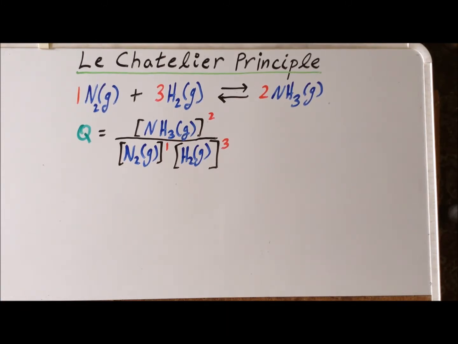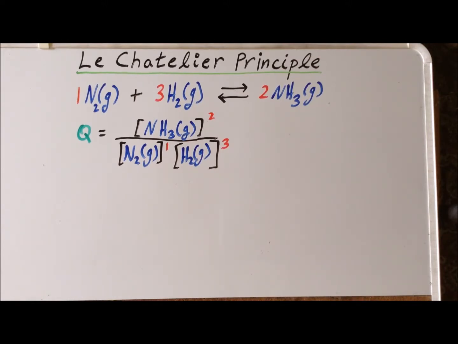For the ease of application, for this video, I'm going to do it entirely in terms of concentrations. If you were to do it in terms of partial pressures, the ideas work exactly analogously. So we have the concentration of ammonia to the second power divided by the concentration of nitrogen times the concentration of hydrogen gas to the third power.